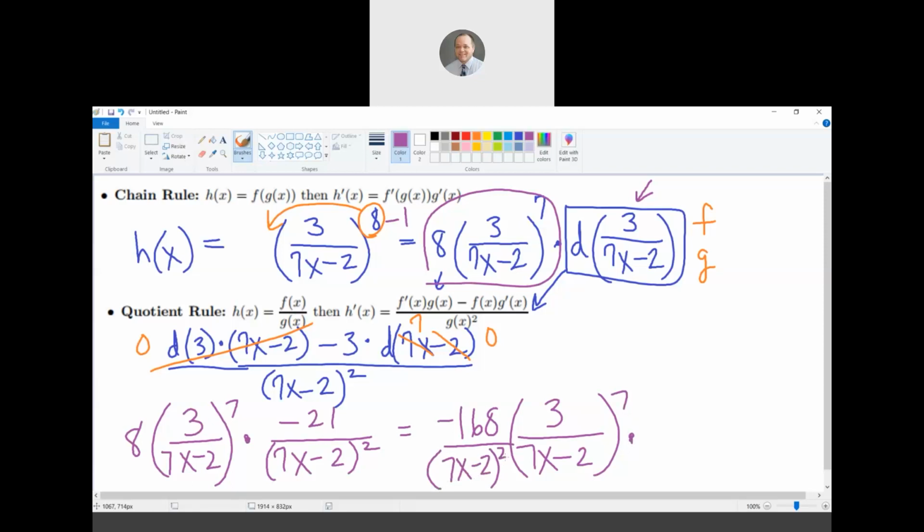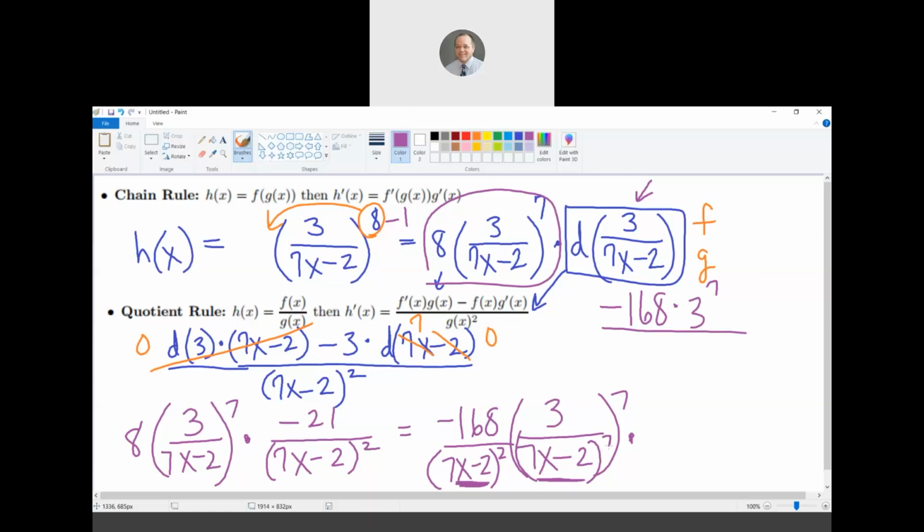My math lab may go a little bit further by writing it this way. Negative 168 times 3 to the 7th power. And just use the product rule down here for exponents, not for derivatives.